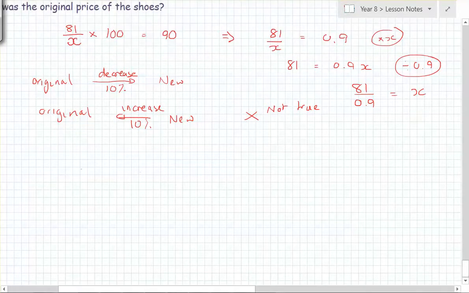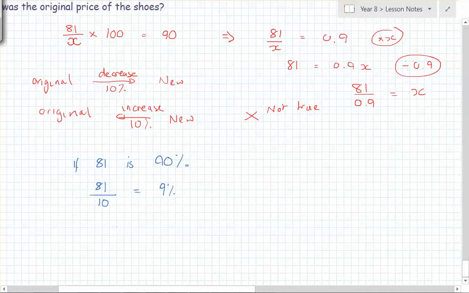If 81 is 90%, because it was a 10% reduction, and we then find 81 divided by 10, that would equal 8.1, which is 9%.